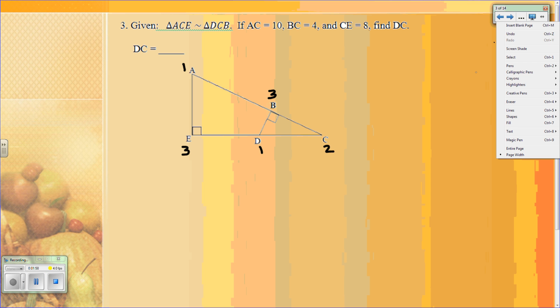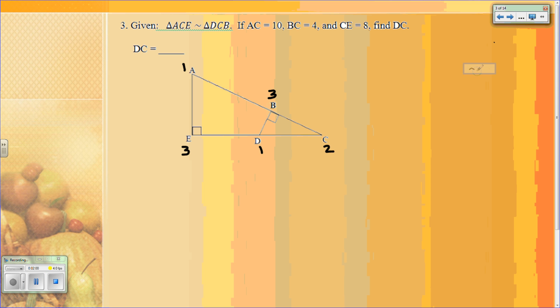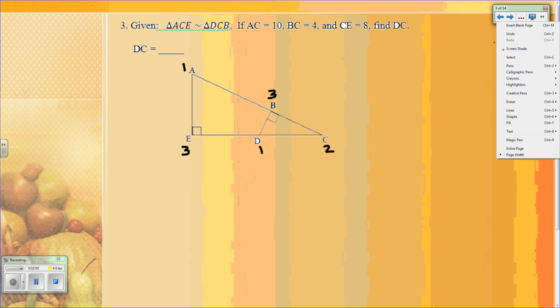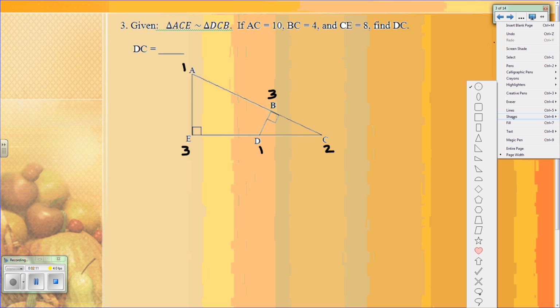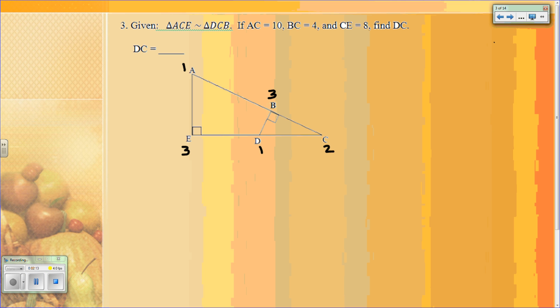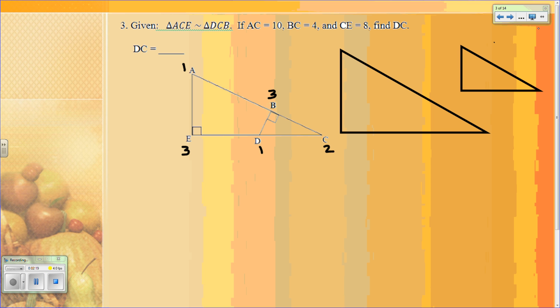Now I'm going to redraw these because this right triangle here is completely flipped around from this one. If I can redraw them, it will help. So I'm going to redraw two triangles, one small and one large.